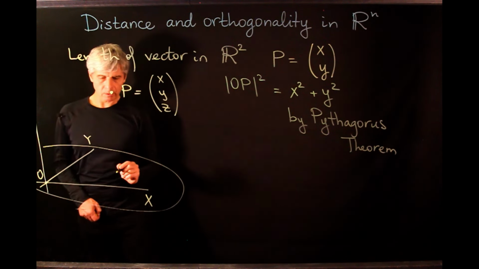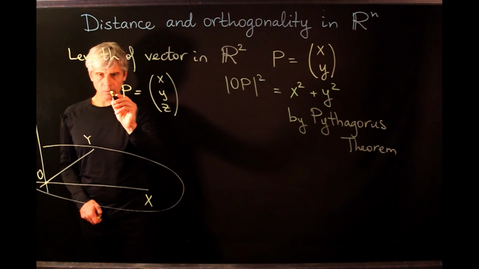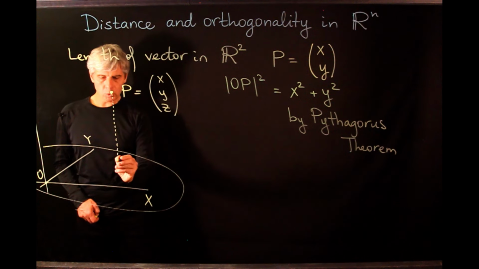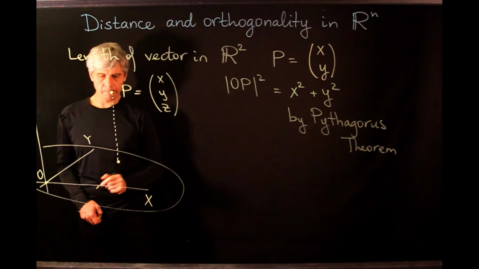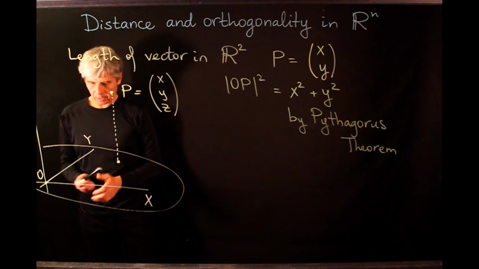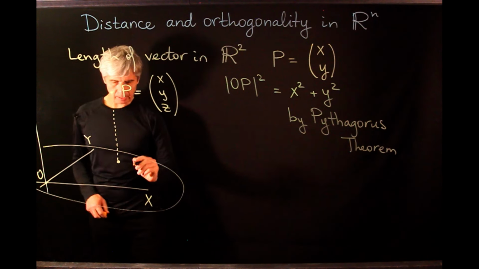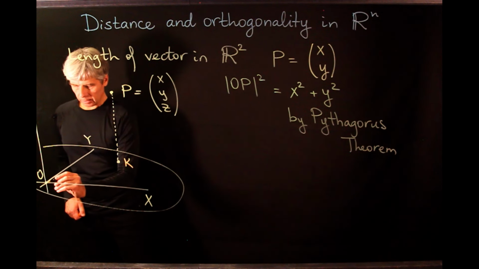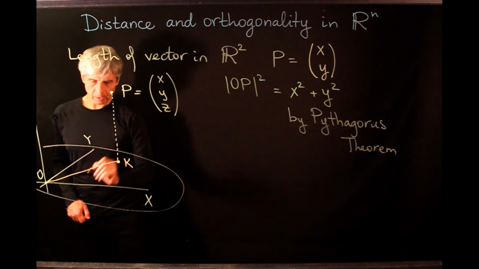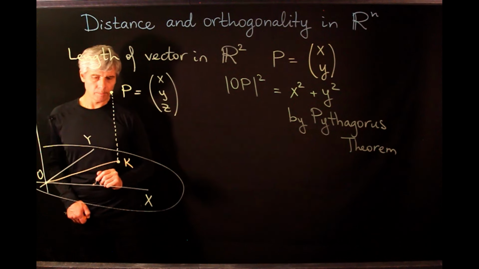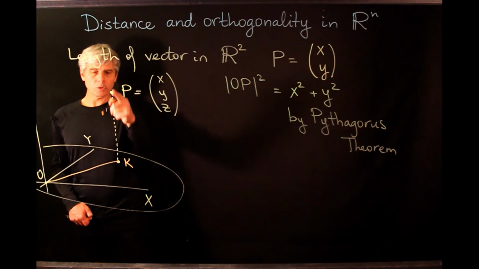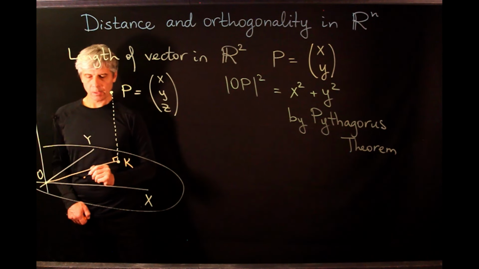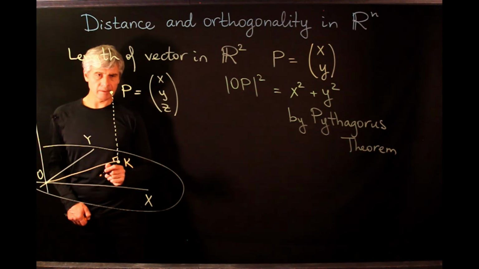One way of doing this is to drop the perpendicular from the point P to the xy plane. Let's call this point K, and let's connect the point K with the point O. Because we dropped the perpendicular, here we have the 90-degree angle.